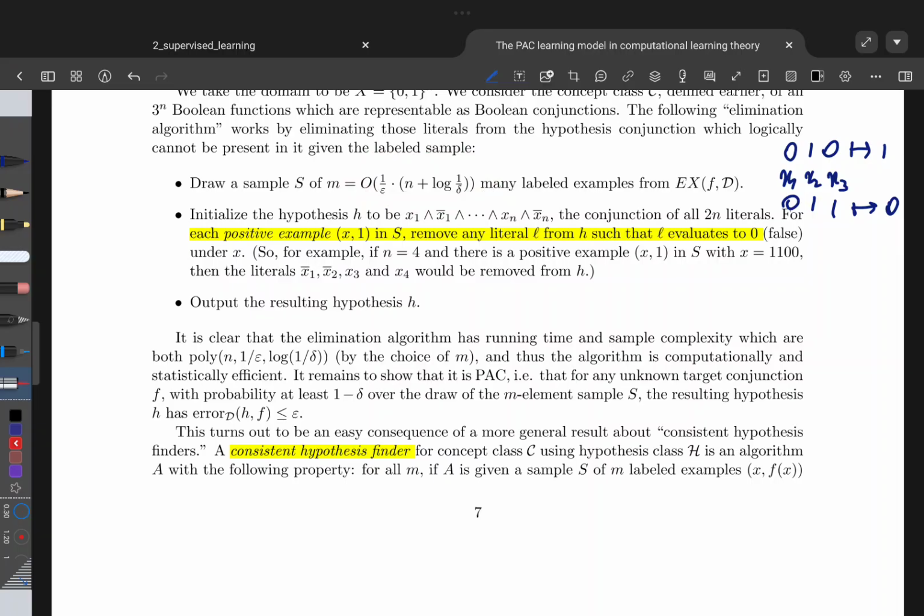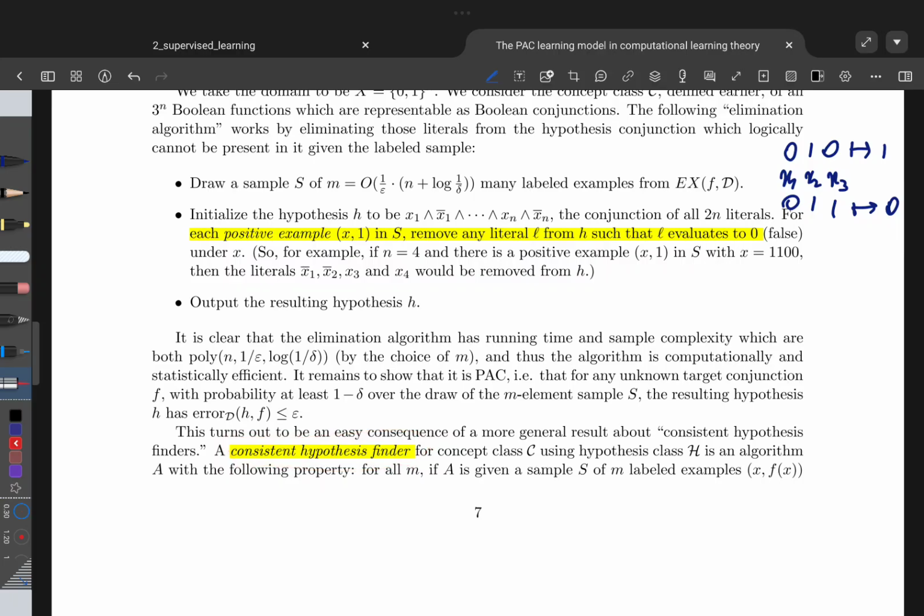Then it turns out that this particular algorithm achieves a probability of error of at most epsilon, and this happens with probability at least 1 minus delta. And the reason really is because this algorithm is consistent, or in other words, it achieves zero empirical risk.